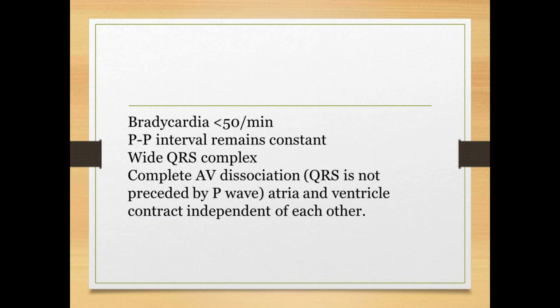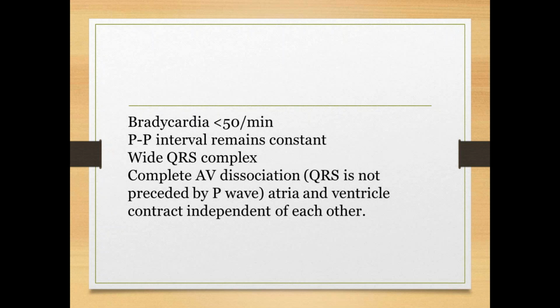PP interval remains constant. There will be a wide QRS complex, complete AV dissociation. QRS is not preceded by a P wave. Atria and ventricles contract independent of each other. So there's no relation, they contract independent of each other.